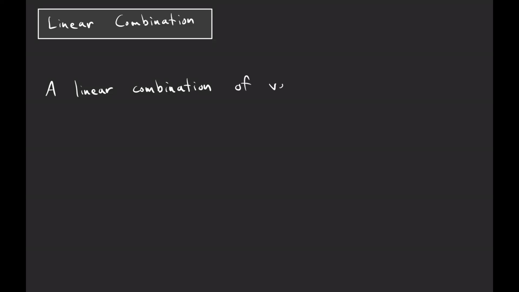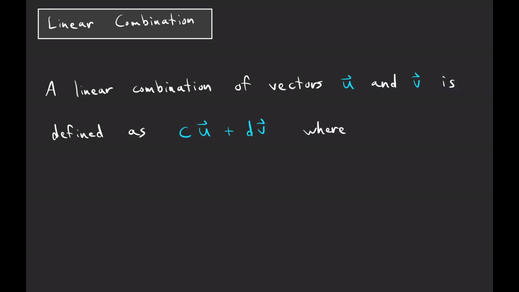A linear combination of vectors u and v is defined as cu plus dv, where c and d are just real numbers. They're just constants, right?